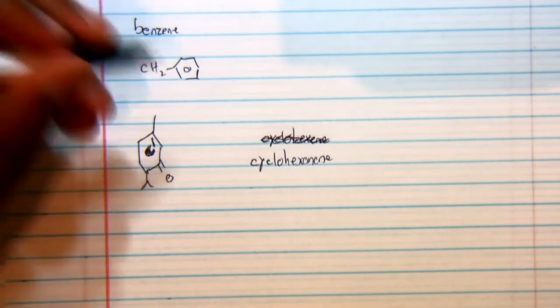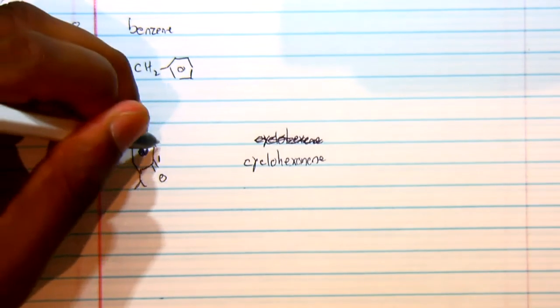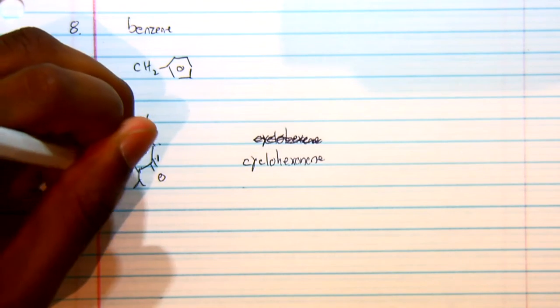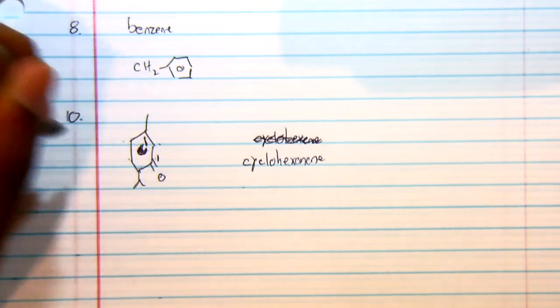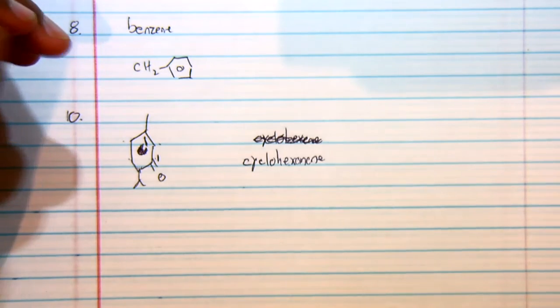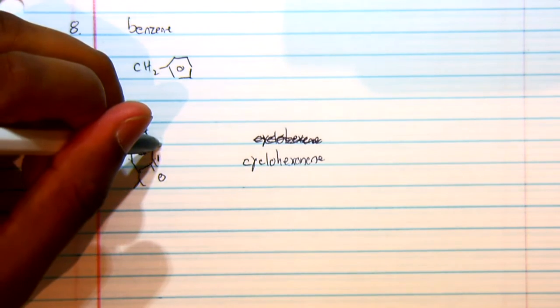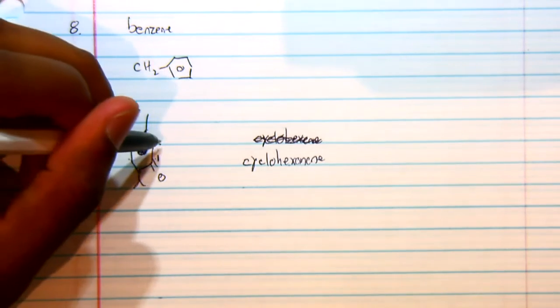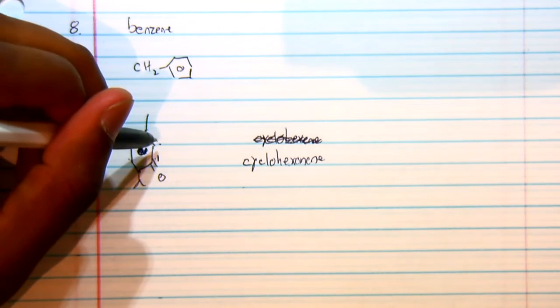Should we start from 1, 2, 3, 4, or should we go 1, 2, 3, 4? Should we start from the double bond? So our double bond would be 2 on the second substituent. Okay, so then it would be 2-cyclohexanone.